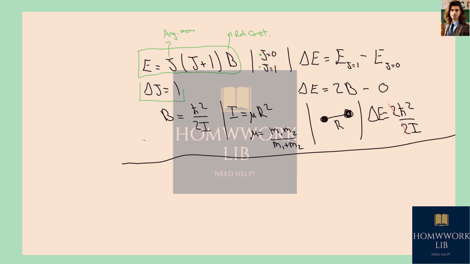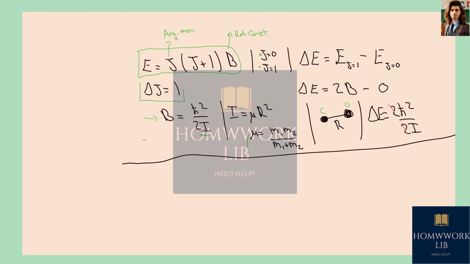Now, that rotational constant depends on the moment of inertia of our molecule. In the case that we have a diatomic molecule, the moment of inertia is simply the reduced mass times the equilibrium distance squared. This is just the definition for the reduced mass, and the value for R is going to depend on the atoms that we have. So in this case, this is going to be carbon, and this is going to be oxygen.